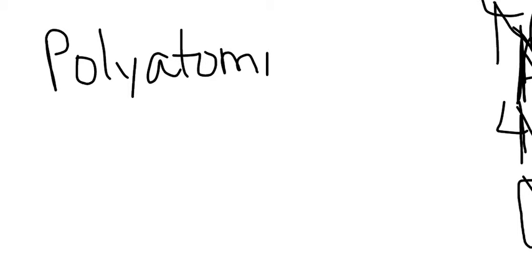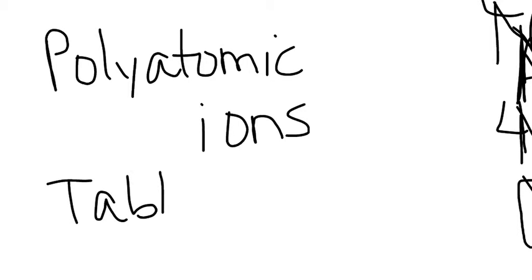Now let's talk about polyatomic ions. A polyatomic ion is a group of atoms that acts as a single ion. So when I look at reference table E, the formula for the polyatomic ions is given to me. I can't change those formulas because the name tied to them is fixed. Let me show you what I mean.